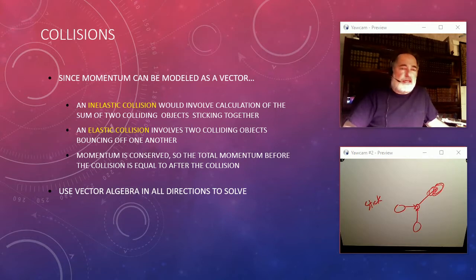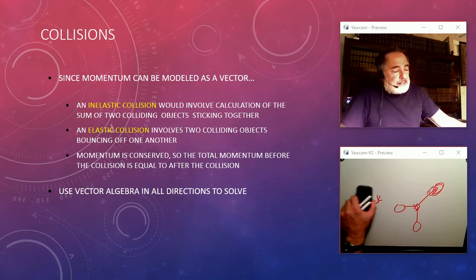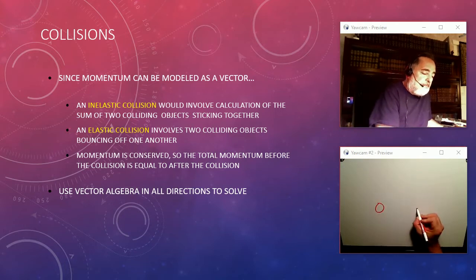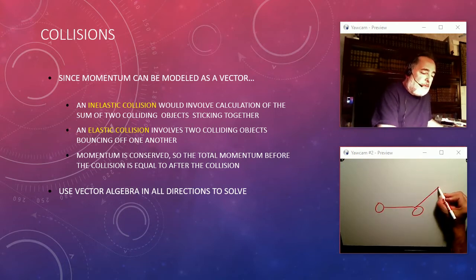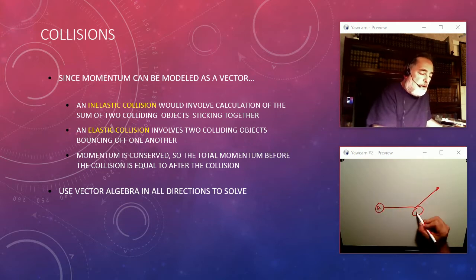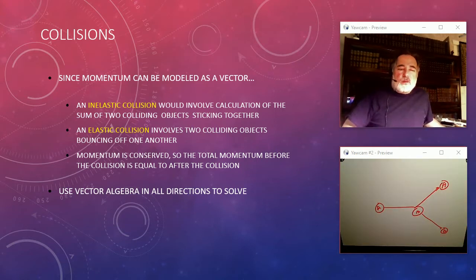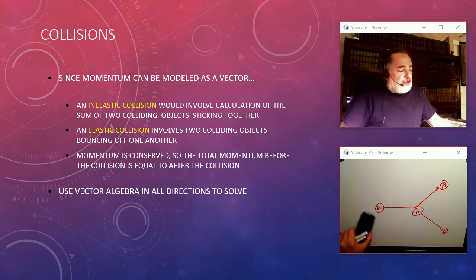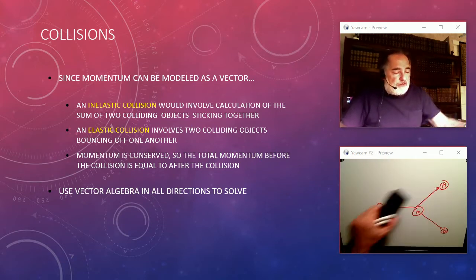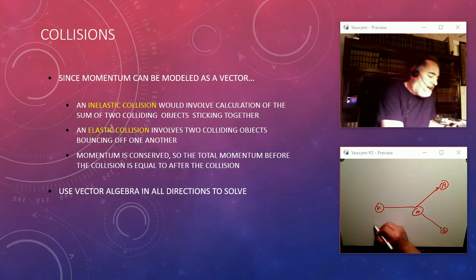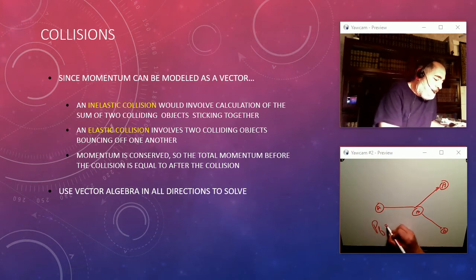They're sticking together. Now, an elastic collision is a collision like a billiard ball, and we'll do a problem like this, where ball A hits ball B, then goes down here, ball A goes this way. Now, we can use vector algebra to solve for these in each different position, knowing that momentum final equals momentum initial because it is conserved.